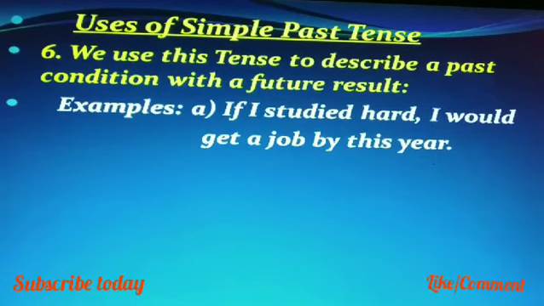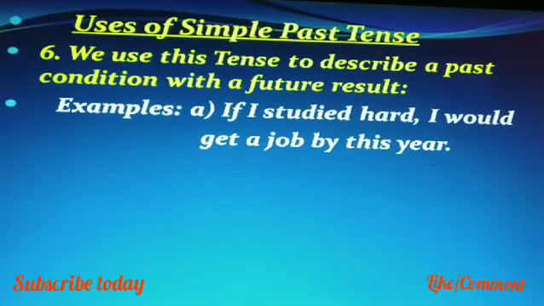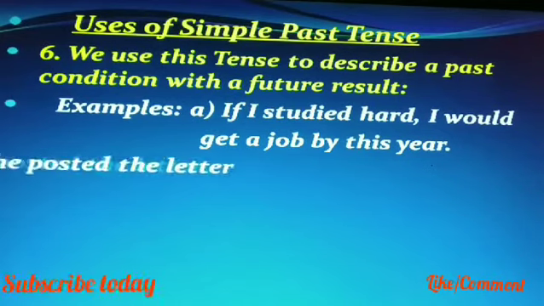I did not study hard, so I would not get a job. So, I would get a job indicates future time, futurity. But the if clause indicates past action, past activity. But getting a job is the futurity, is in the future time.